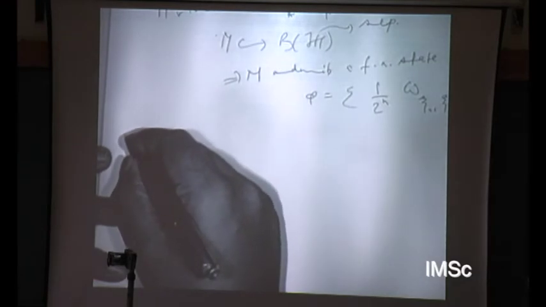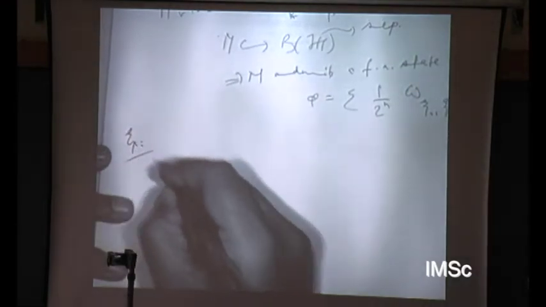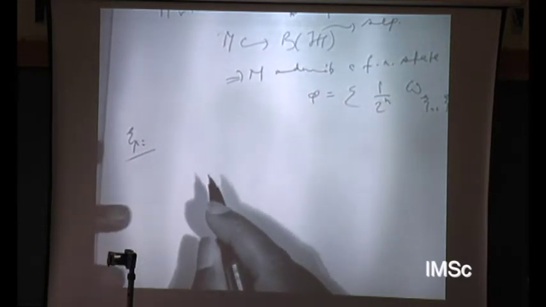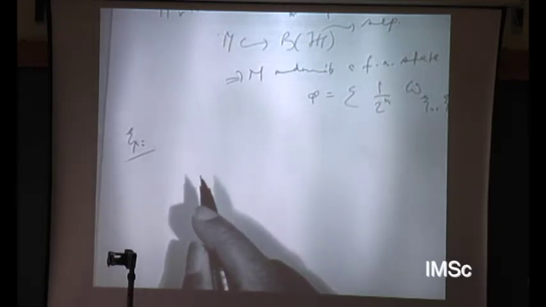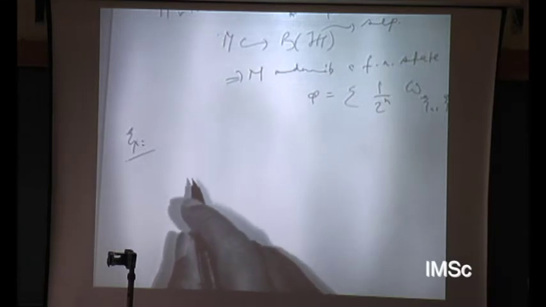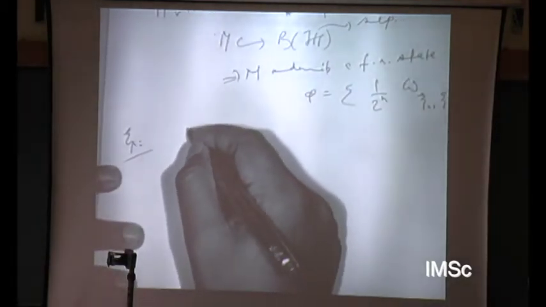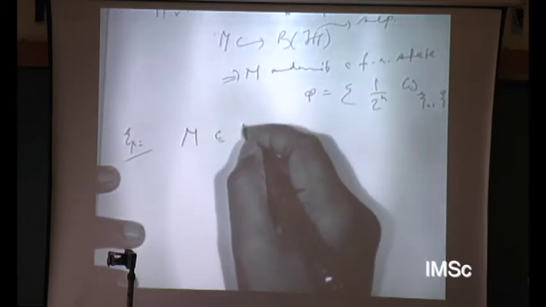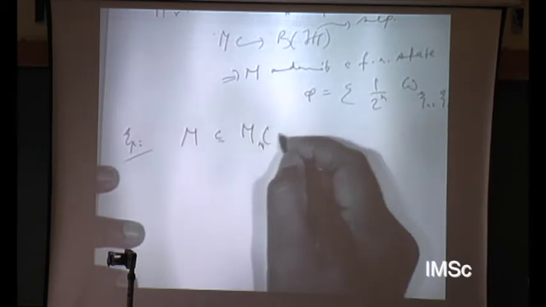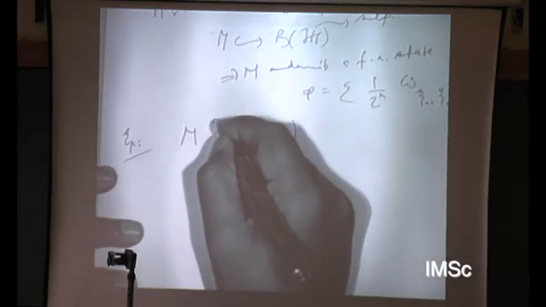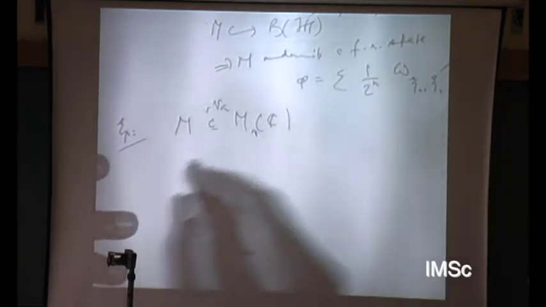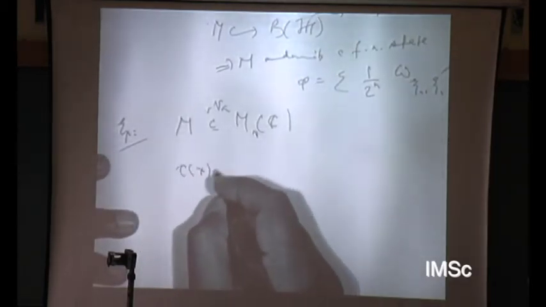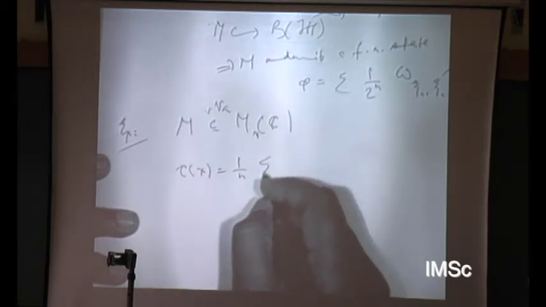You work out what, if M is sitting in Mn(C), one-dimensional algebra, define tau of x to be 1 by n summation x_ii.